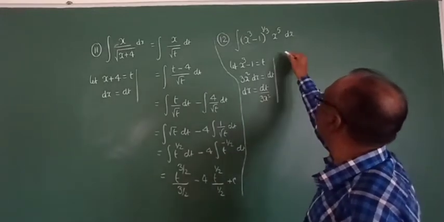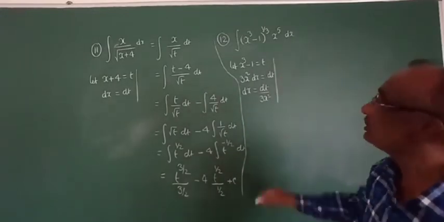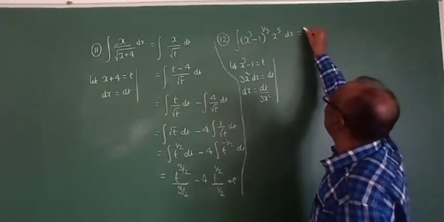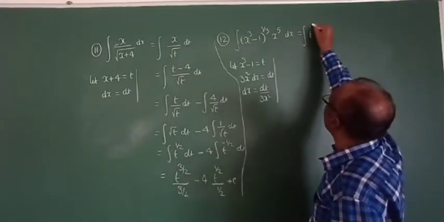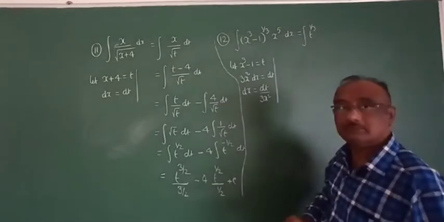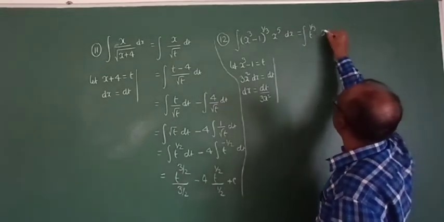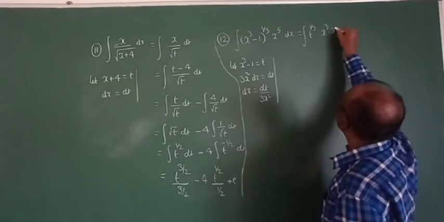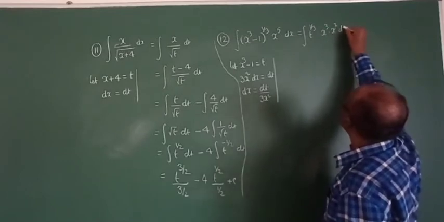Right? Everyone go through the substitution. x cube is t plus 1, t power of 1 by 3, x power of 5 is x cube into x square, into dx.